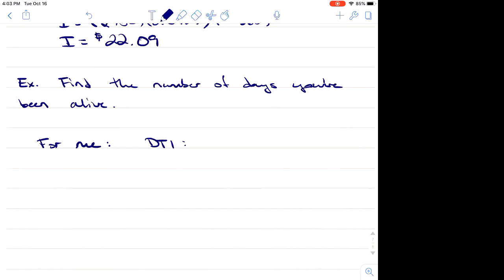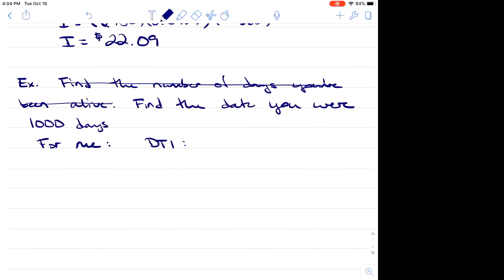It's the same example, that's not what I wanted to do. I want to find the date you were 1,000 days old. Because I want to show you that you can use any of the two to find the other one. I keep finding the days between dates, and that's how we're going to use it, but I just want to show you.